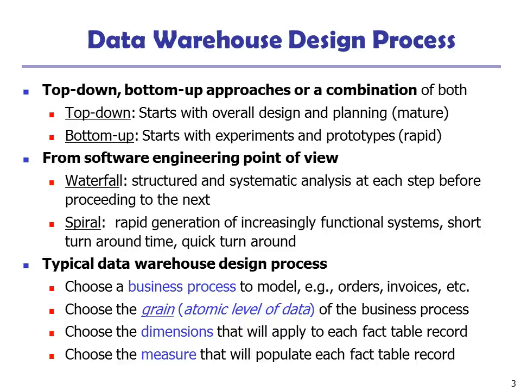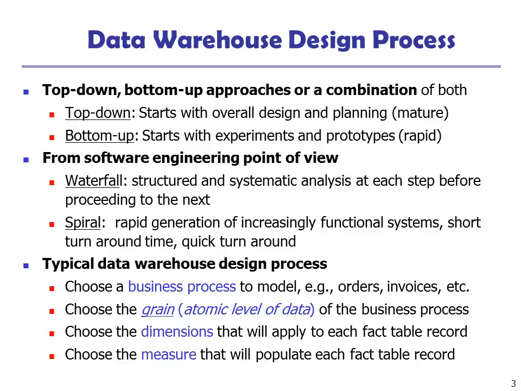Now, from a software engineering point of view, we can look at the same two approaches that we looked at in the previous two bullet points, and we give them two different names. So the first kind of approach they can follow is a waterfall model or a spiral model, right?